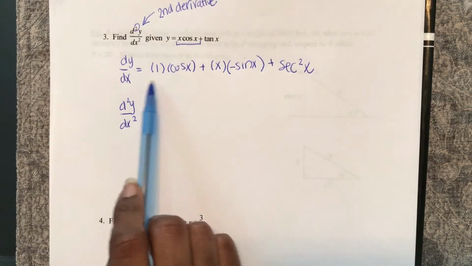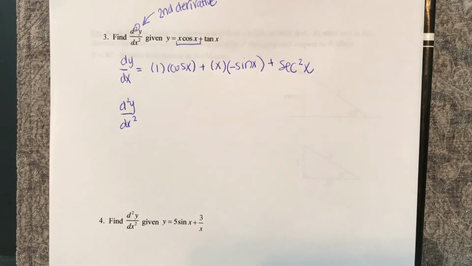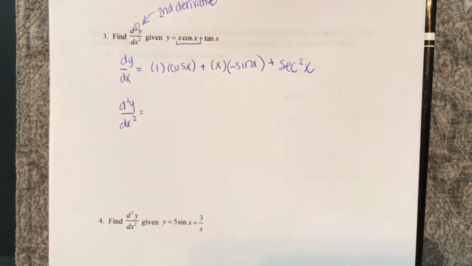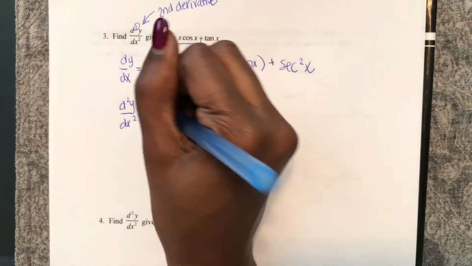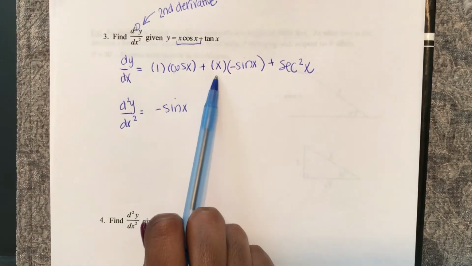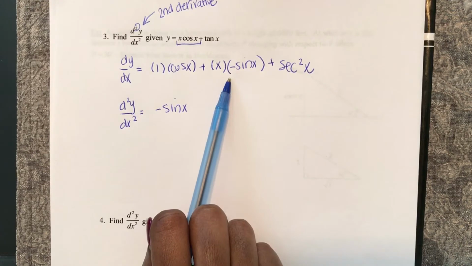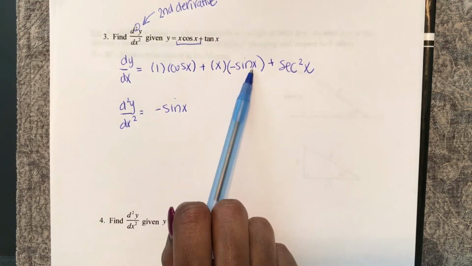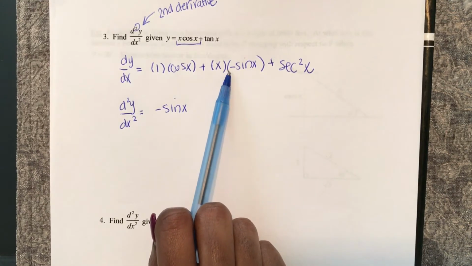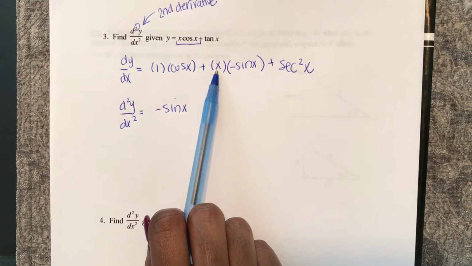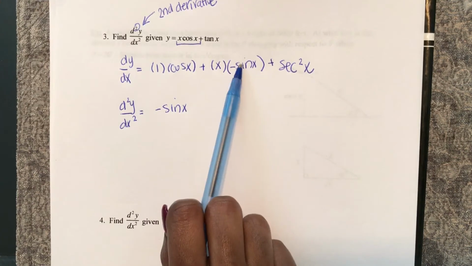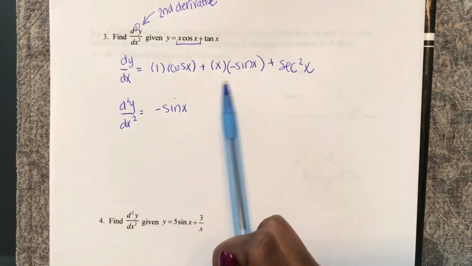So now this 1 multiplied by cosine x is just cosine x. So the derivative of cosine x is negative sine x. So now here I'm left with a product of two functions. So if I want the derivative of this, I'm going to use product rule.